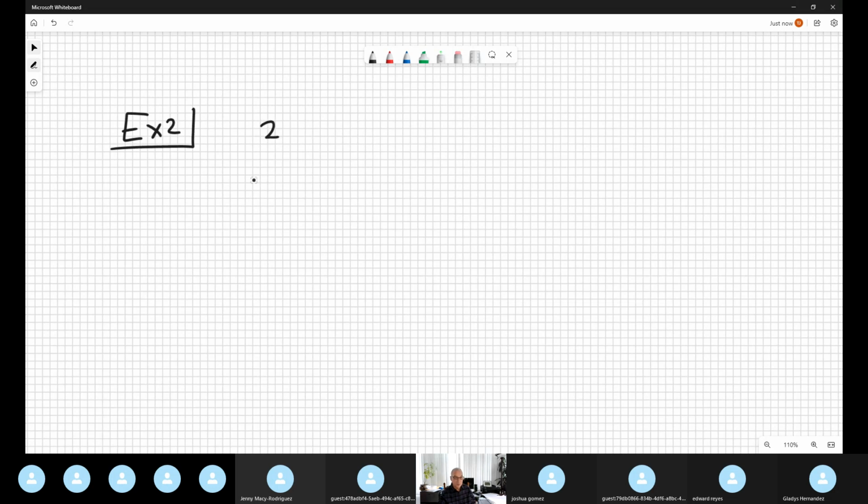Well then, the second example, Jenny, is 25x squared plus 9y squared equals 225. Oh, this equation is not in standard form. I need to change it to standard. Now remember, standard is when the right-hand side must be 1.